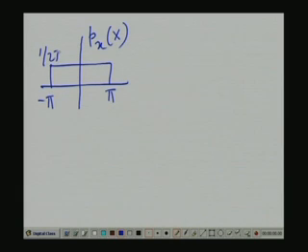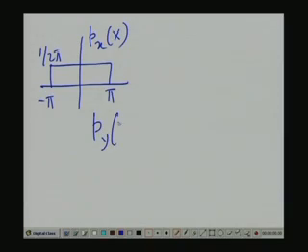And this is 1 by 2 pi, so that the area is 1. This is independent of x, and quite clearly if x is taking values only between minus pi to pi and in no other range, then I can have only two solutions in minus pi to pi from our previous figure. You can call one x 0, another x 1, but for both of them the corresponding probability is 1 by 2 pi. So, in that case p y, capital Y is very simple.